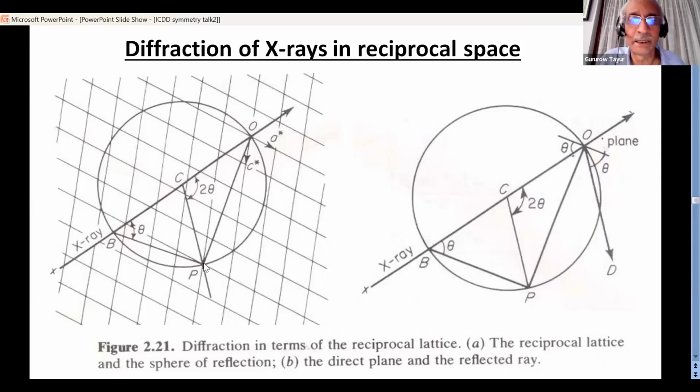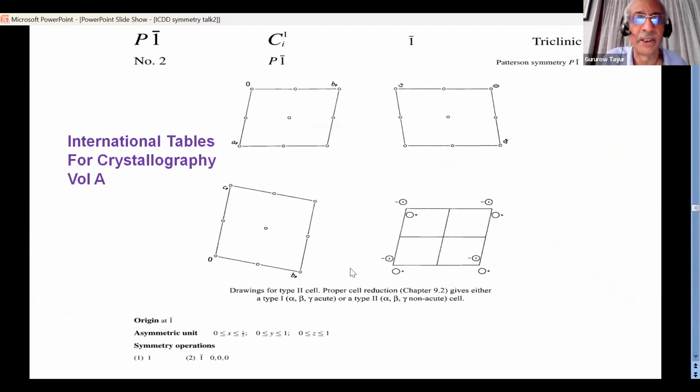So this is in reciprocal space, when we take 1 by lambda as the radius of this sphere. Whenever this point P intersects with the circle, which in 3 dimensions is a sphere, we get the diffraction. And that's how we get spots. So we have a collection of these spots which obey certain rules, which essentially cover the description of the reciprocal lattice, and therefore follow the Bragg's law, and we get the spots in the experiment.